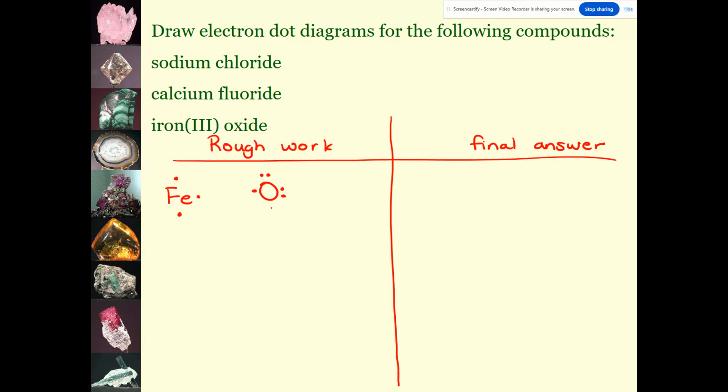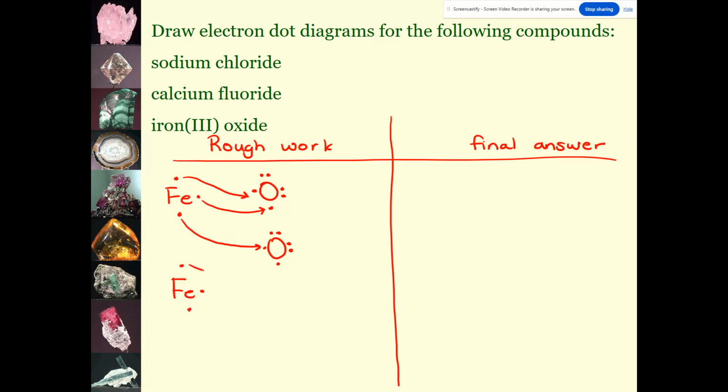So this is where it gets a little tricky. Iron has 3 to give away, but my first oxygen can only accept 2. Then I need to bring in another oxygen with its 6 valence electrons. Iron will give its last electron away, but oxygen needs another one. So another iron with 3 electrons comes along.